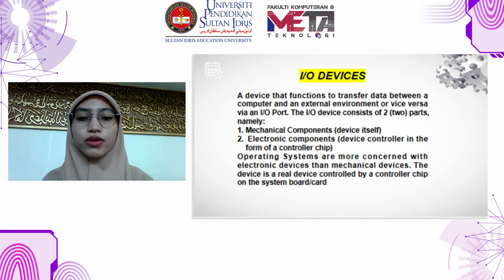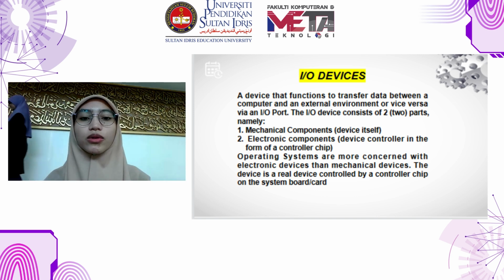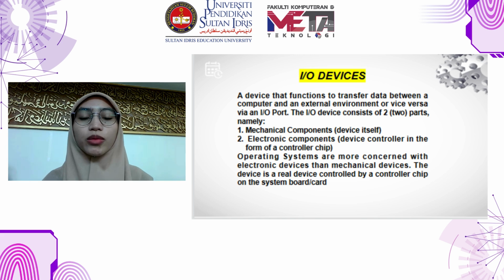The first one is the mechanical component, that is the device itself. Secondly, the electronic component, a device controlled in the form of a controller chip. Operating systems are more concerned with electronic devices than mechanical devices. The device is a real device controlled by a controller chip on the system board or card.